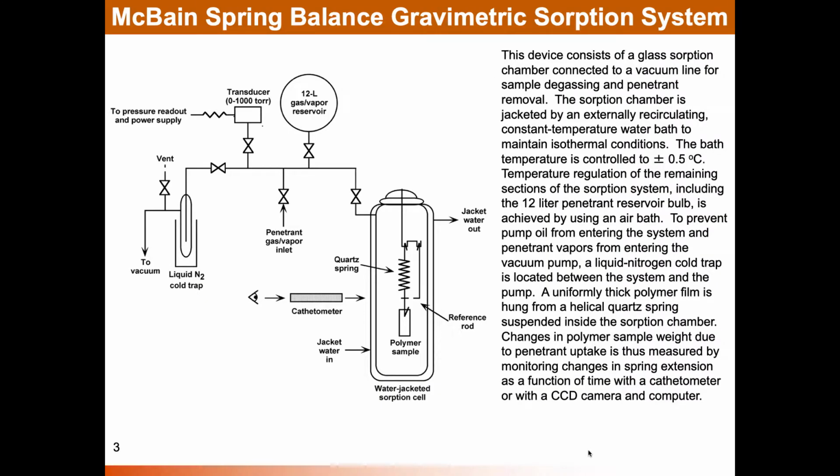Another example from the gas phase transport studies is a McBain spring quartz balance system, and this is a very old device that works on a really simple principle. You take a polymer sample and hang it on the end of a quartz spring, and these springs are very delicate and fragile.